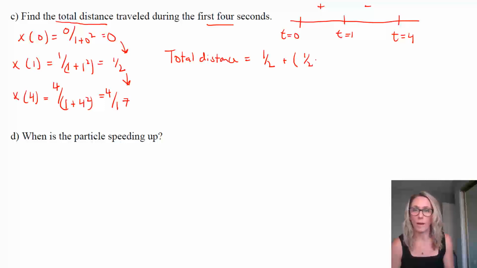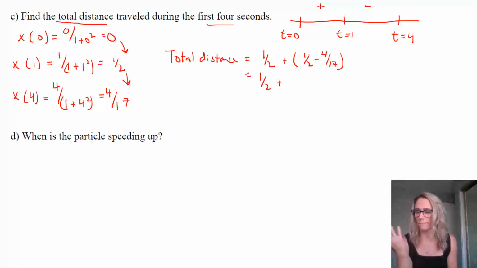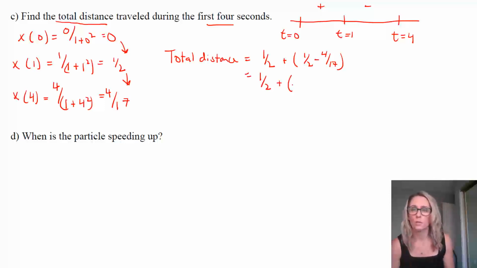So we need to take 1/2, subtract 4 over 17 to see how far it went to get to that 4 over 17. So that's going to give us 1/2 plus, and then we just need to do this subtraction. So this is 17 over 34, and this is 8 over 34. I'm just making a common denominator there. So then I have 1/2 plus 9 over 34.